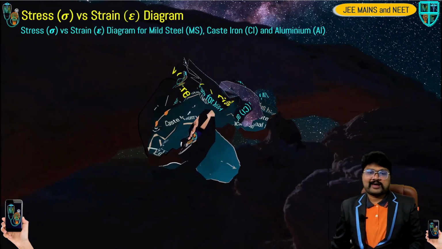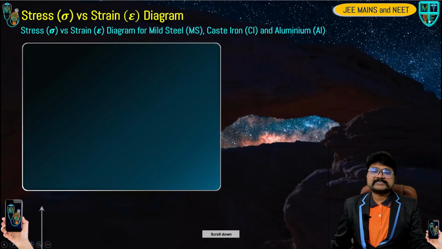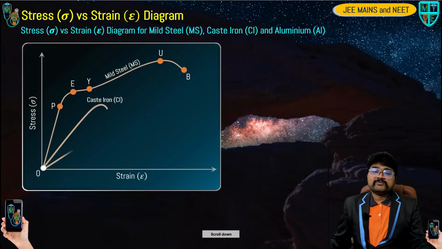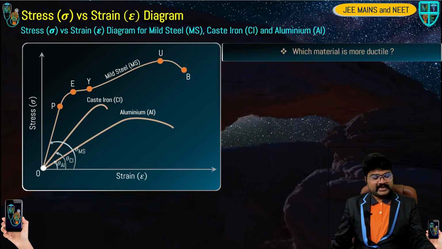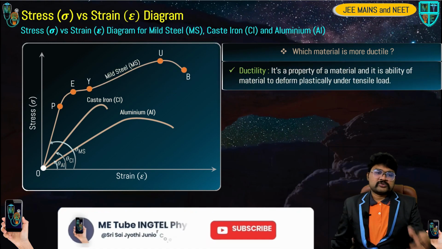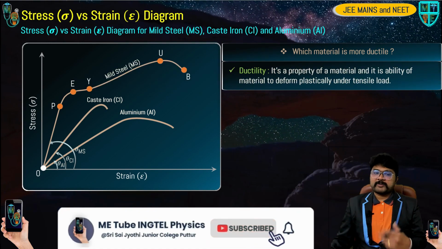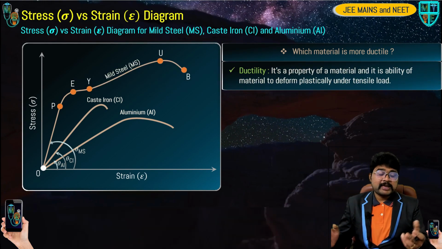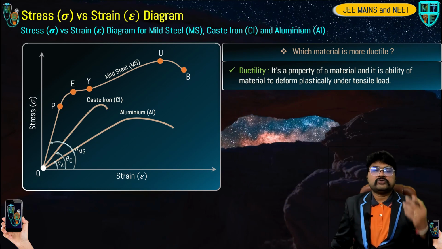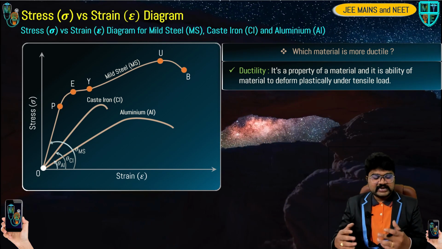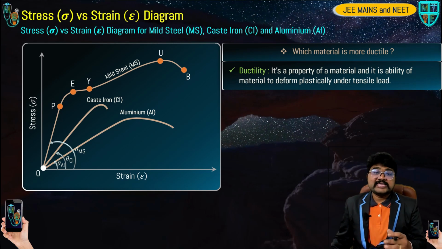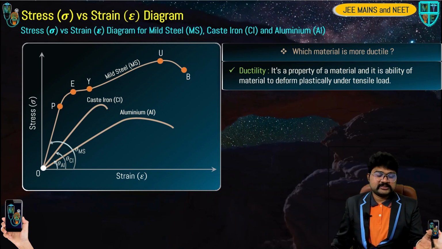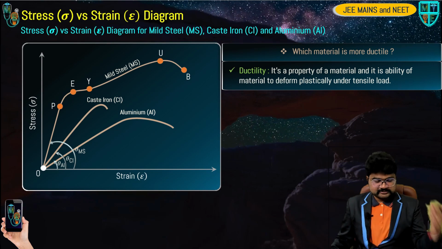Now we can have a look at which is more ductile. It is very simple. What is the ductile property? It is the ability of the material to deform plastically under tensile loading. The material with higher plastic deformation is more ductile.